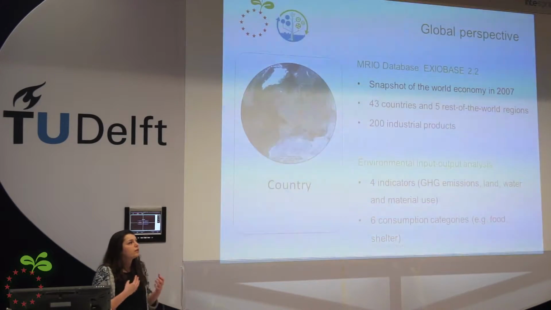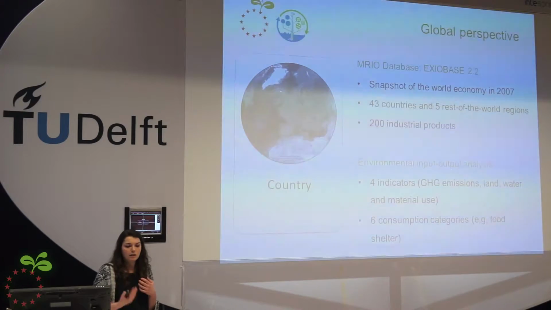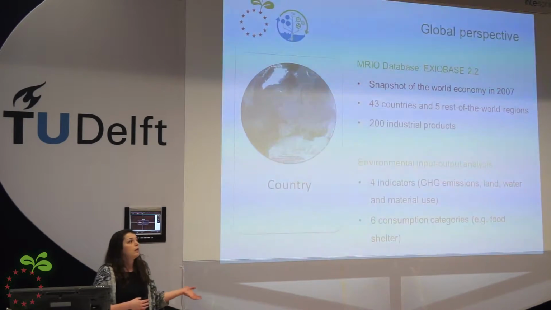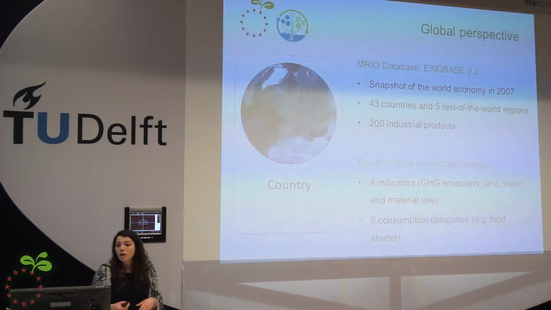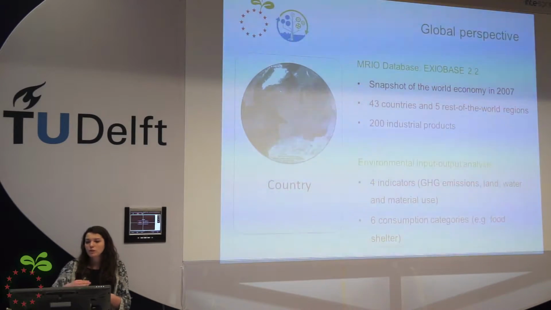And maybe there's certain trade-off as well. Maybe something that benefits us in terms of emissions actually contributes to higher resource use in terms of land and water. So we need to reach a level where we have a good overview of what will be the holistic change in environmental impacts from a certain consumption pattern change.